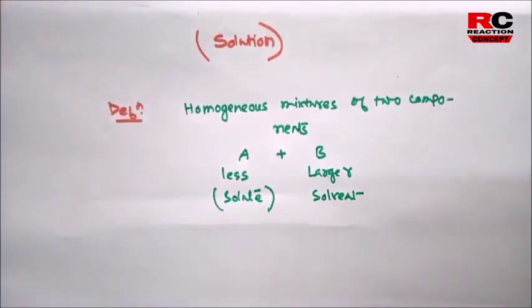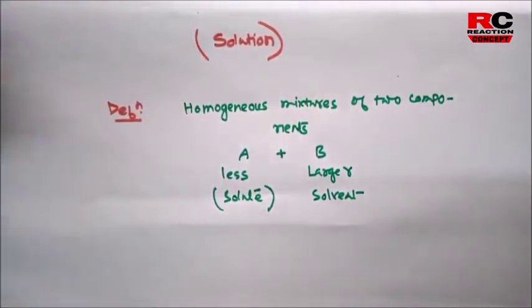So you can define a solution as a homogeneous mixture of two components, and the component which is present in less amount in the solution is known as solute, and the component which is present in larger amount is known as solvent.